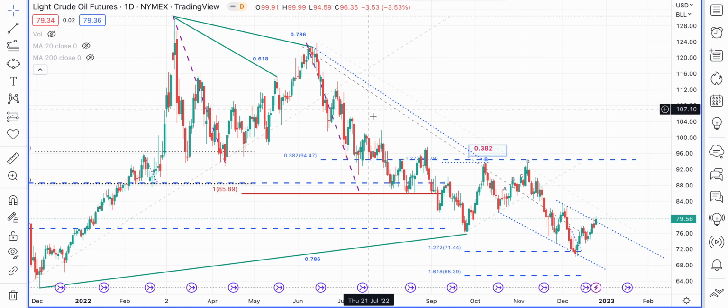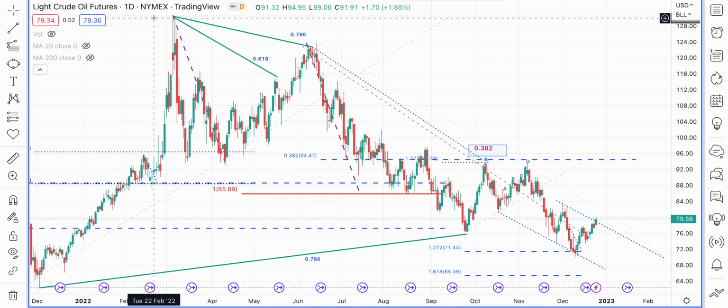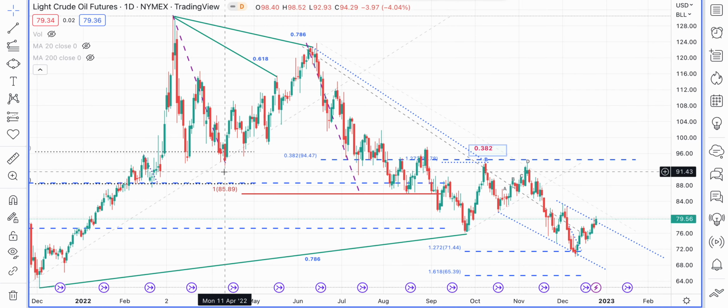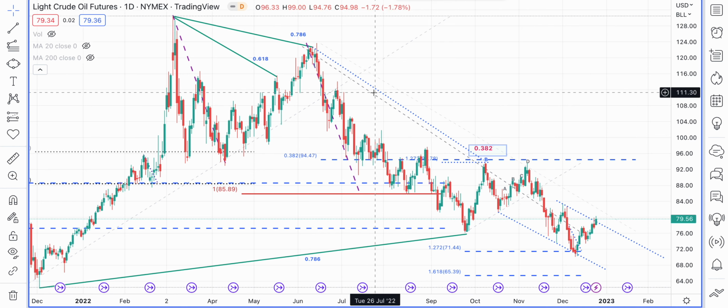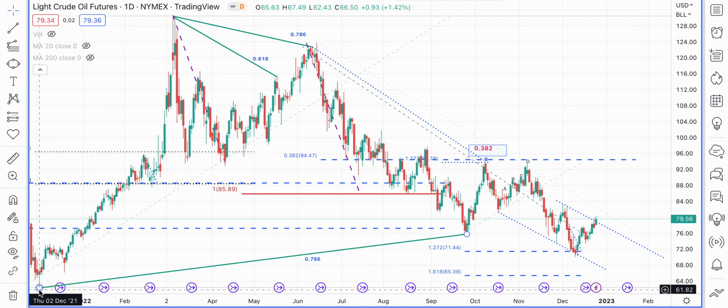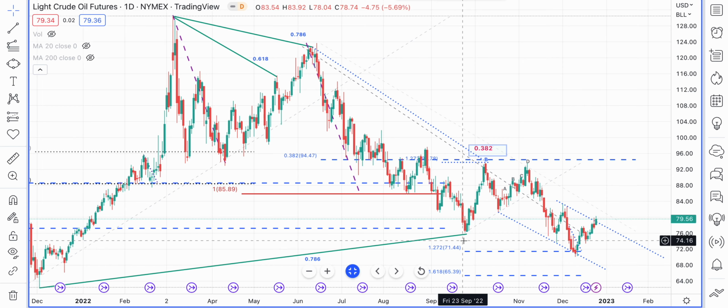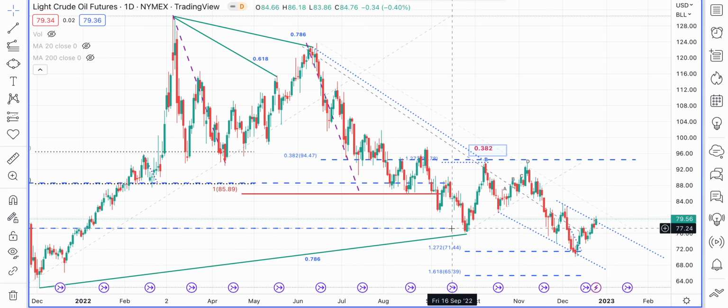Okay, so we have seen a decline over several months. Within that, we had another one-to-one ABCD pattern here which failed, which also indicated that this market was really weak. And then from the bottom, which was back in December of 2021, we reached the 78.6% Fibonacci retracement of the entire low to high move.